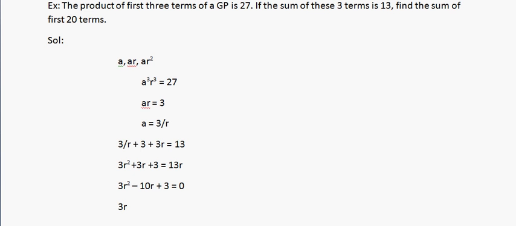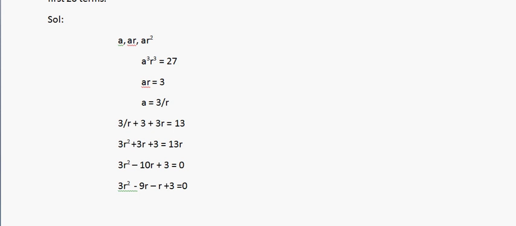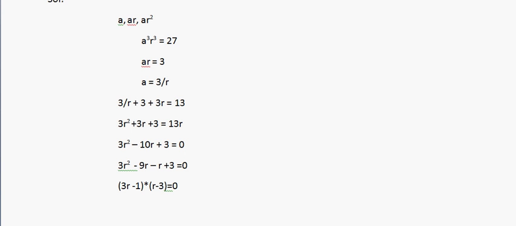It would become 3r square minus 9r minus r plus 3 is equal to 0. If you factorize it further, it would become 3r minus 1 into r minus 3 is equal to 0. So r is equal to 1 by 3 or 3, right?